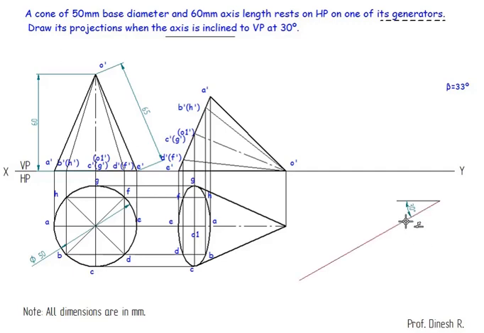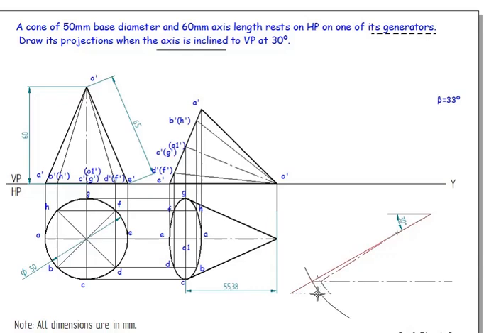So from this point, the height of the axis is 60 mm. Then I'm going to draw the locus line. Then again I'm going to draw an arc by taking the apparent length of the axis, which is 55.38 with the same 55.38. So this is the axis line.